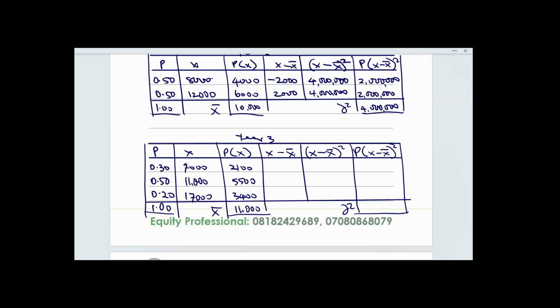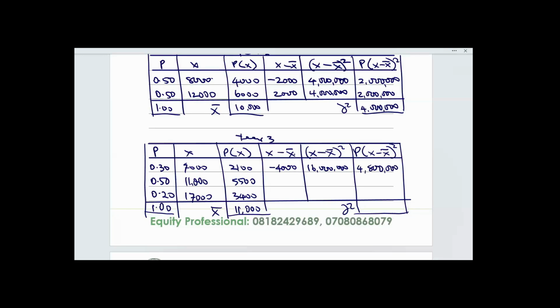All right, let me write that 11. Okay, so 7,000 minus 11,000 will give us minus 4,000. Minus 4,000 squared will give us 16 million naira. 16 million multiplied by 30% probability will be 4.8 million.